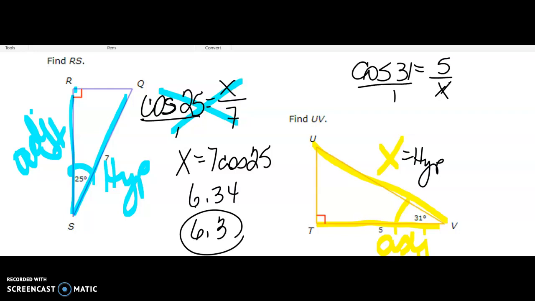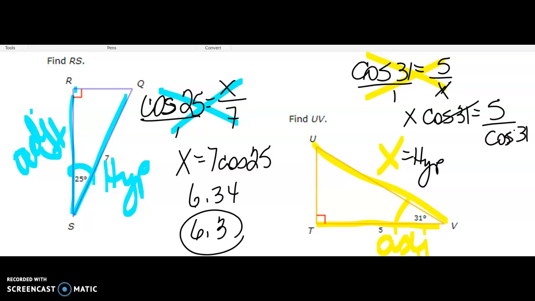Put it over 1. Now this is going to be a little bit different. Still going to cross multiply. And x cosine 31 equals 1 times 5, which is 5. How do we get x by itself? We divide by cosine 31.